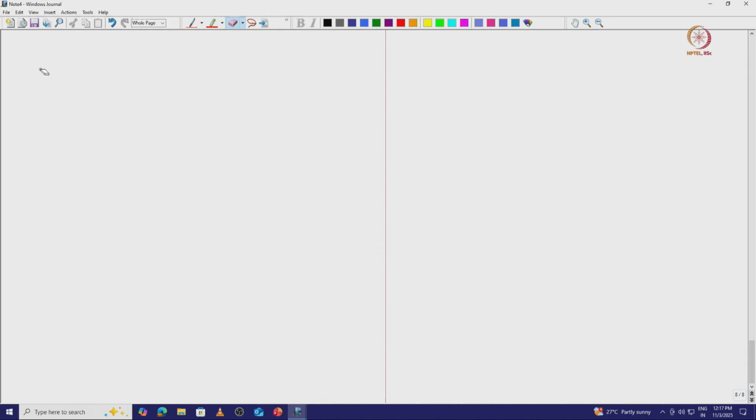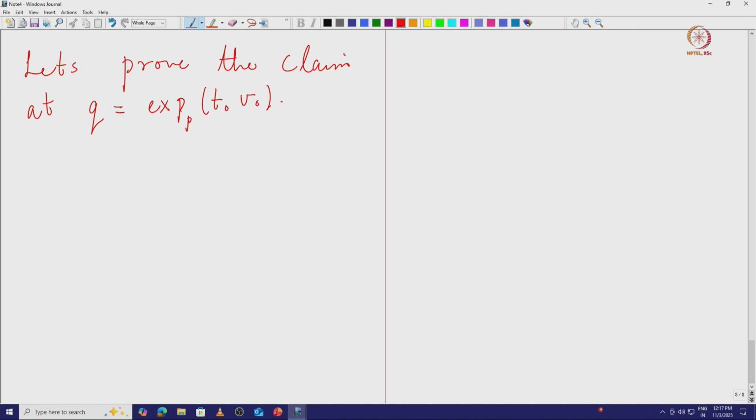So let us prove the claim at some point q given by the exponential of t naught times v naught, where the norm of v naught is 1 and t naught is simply the radial distance to q.